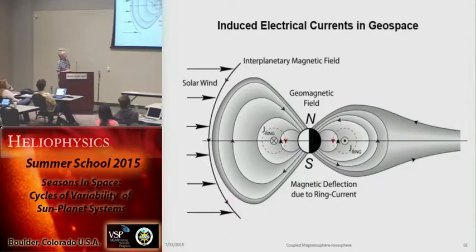On the night side, if you use your right hand, there's a magnetic field on the earthward side of the ring current, which points downward and opposes the dipole magnetic field of the Earth. The dipole magnetic field comes out of the south and goes up into the north. So this current system induces a magnetic field which opposes it. And same on the day side. So all around the Earth, the ring current is producing a magnetic field which opposes the geomagnetic field.